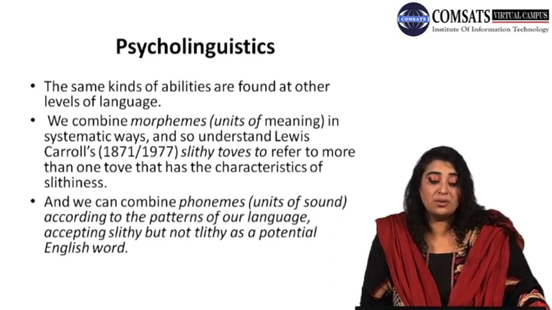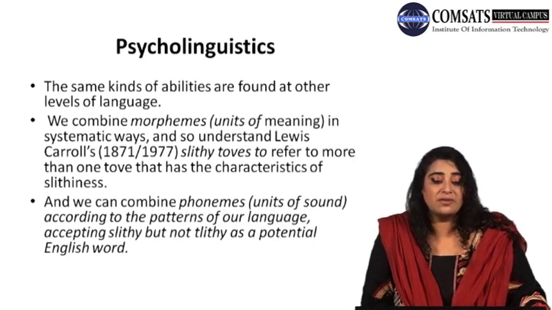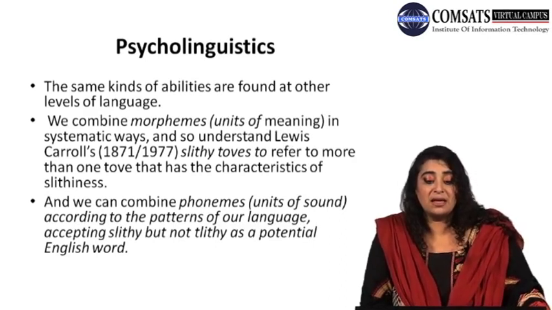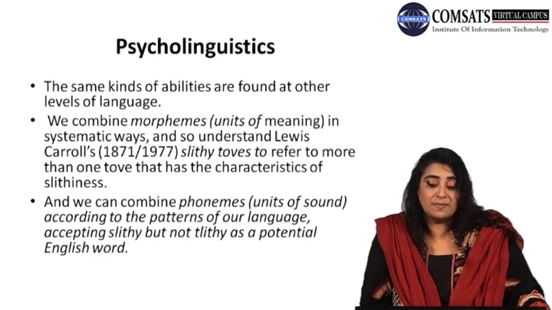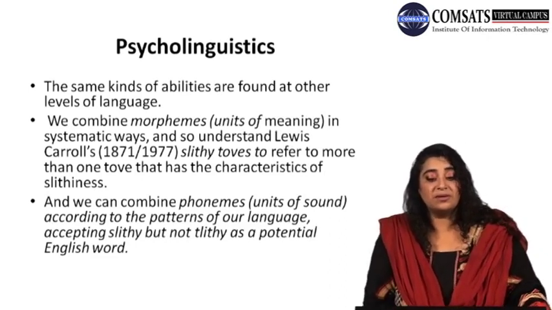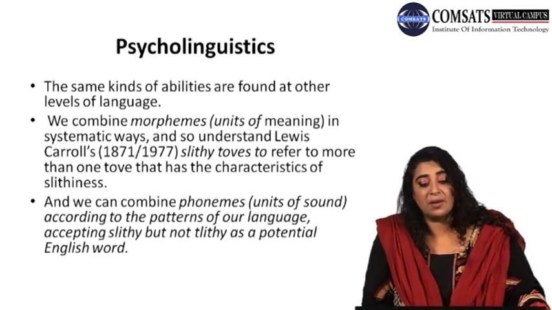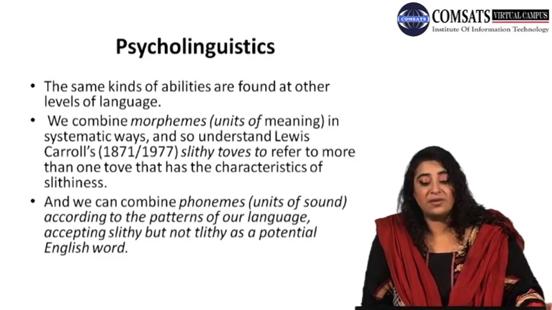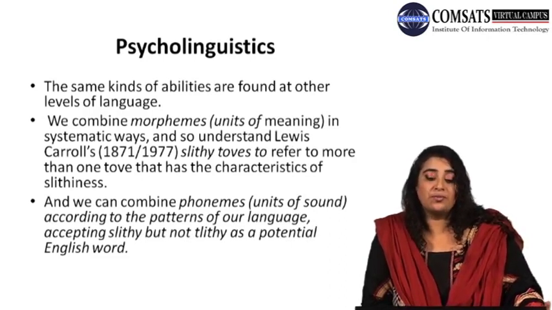So we understand Lewis Carroll's "slithy toves" to refer to more than one tove that has the characteristics of slithiness. We would understand the meaning in a systematic way, how "slithy toves" refers to more than one tove.